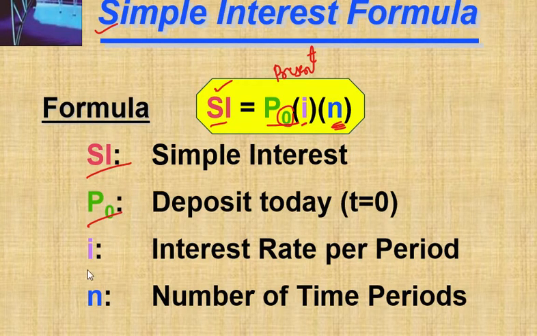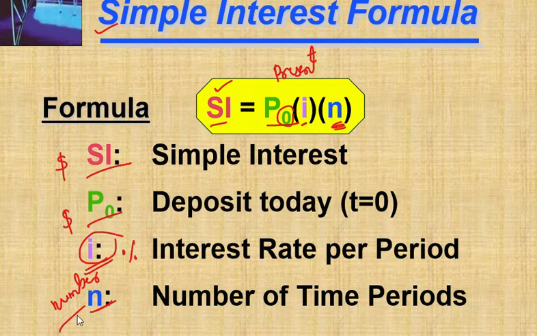So this I is the interest rate per period, rate of interest. It is in percentage, P0 is in dollars, and this outcome is also in dollars. N is in numbers, number of years, number of periods.